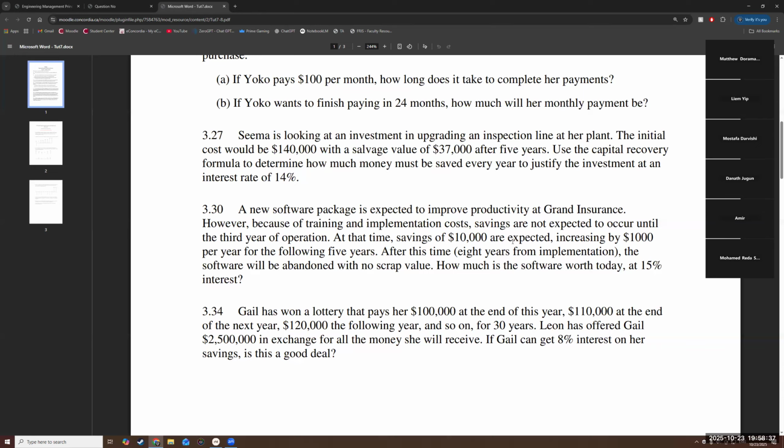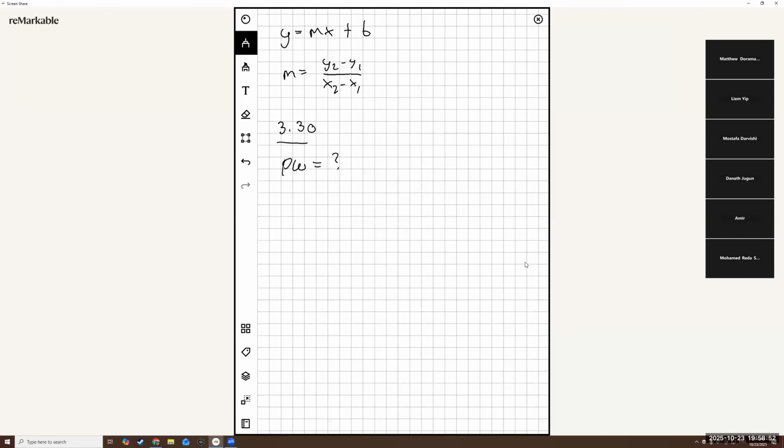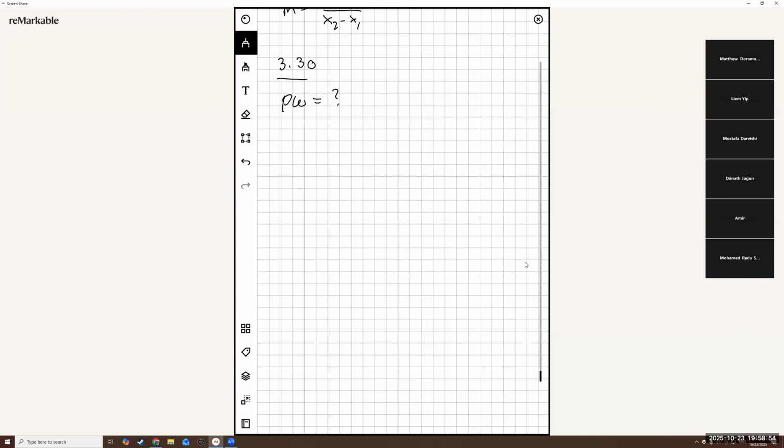And then we start saving $10,000, increased by $1,000 per year for the following 5 years. Okay, so let's represent that in a table graph so that it can be clear for us.